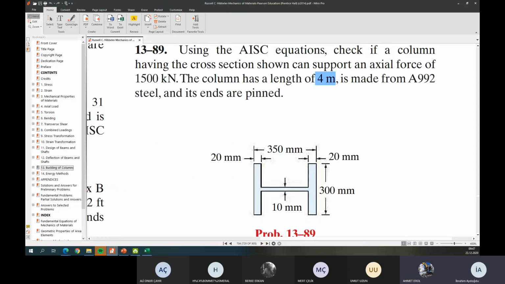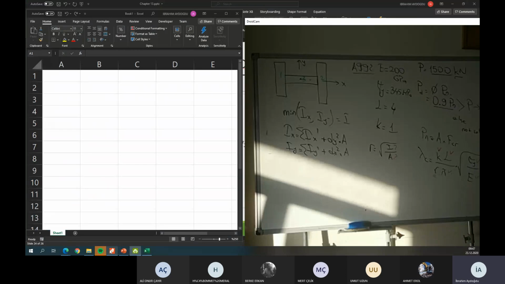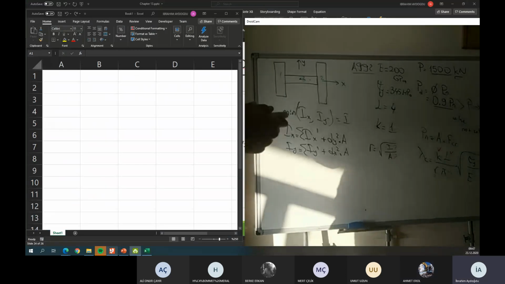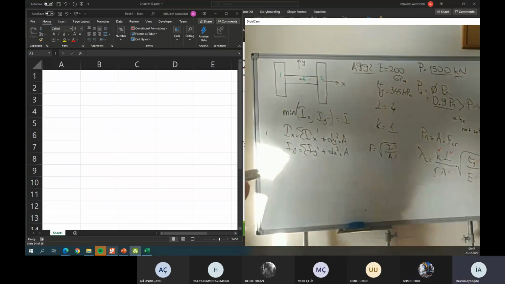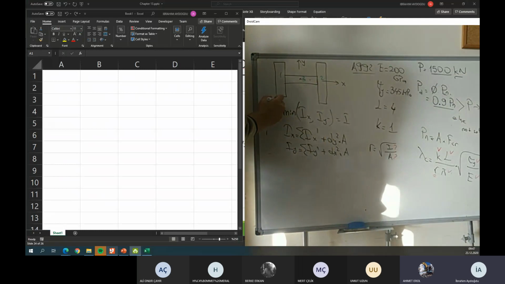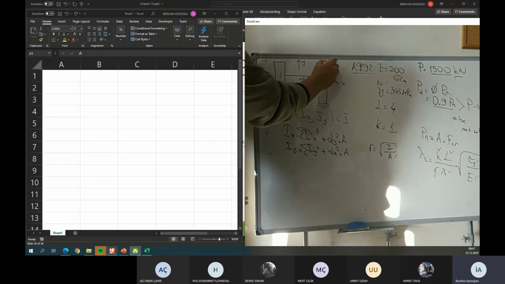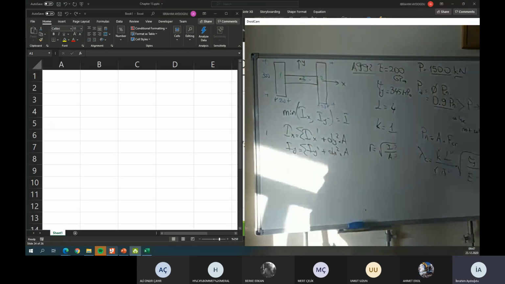I forgot this one, 20 millimeter and 300 millimeter. This one is 20. This one is 300. Also, this one is 20. 300. Also, this length is 10.